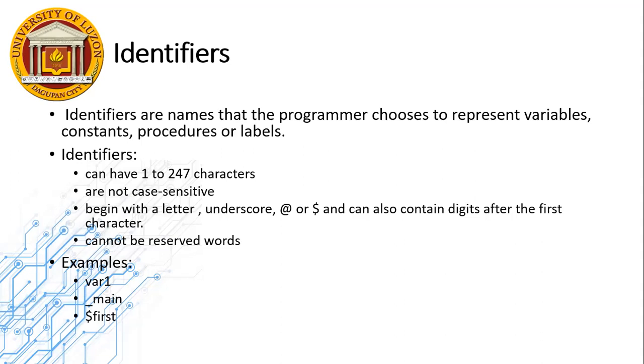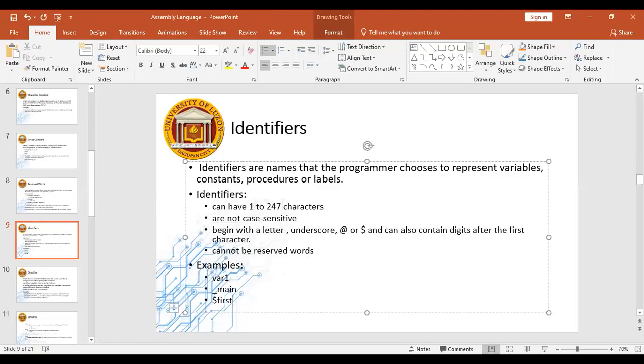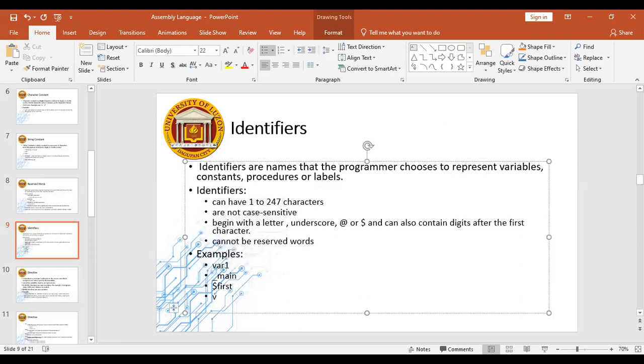As a programmer, it is also good practice to use meaningful identifiers when you are declaring a variable. Some people observe a naming convention in creating their own identifiers. For example, if you are going to declare a variable, normally they put v underscore and then the name of your variable.